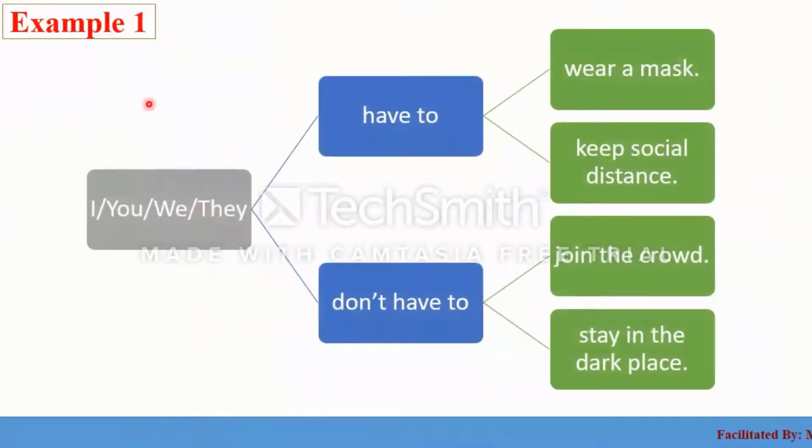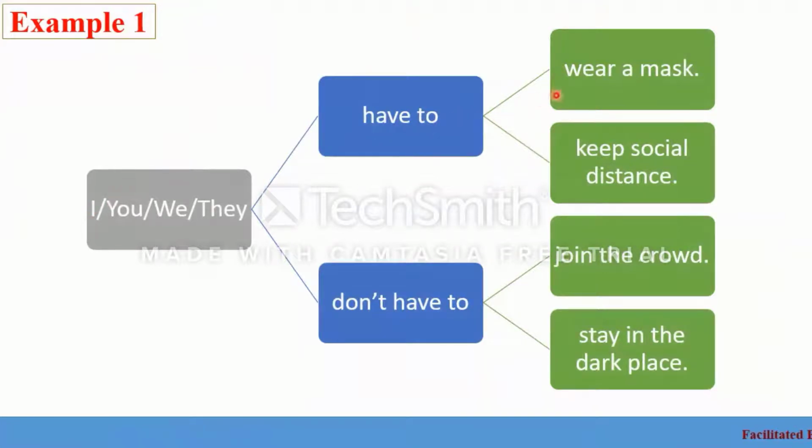Okay, let's check example number one, which is about I, you, we, and they. So we have have to and don't have to. You can see here, I, you, we, they have to. We can say I have to, you have to, we have to, they have to wear a mask. So we can make sentences: I have to wear a mask.